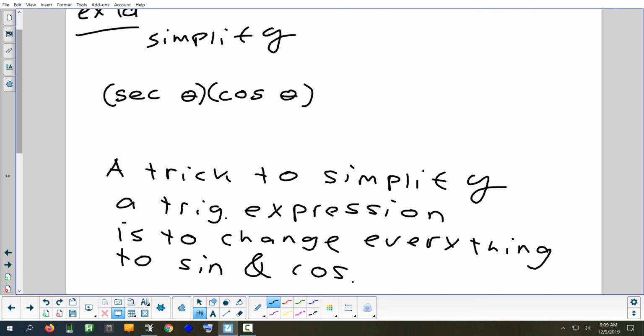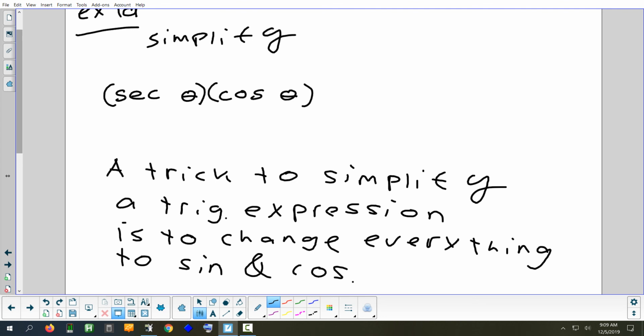Right, so let's go through it and look at this first one. It says secant times cosine. And notice there's no number there because the number doesn't matter. We're going to simplify the expression secant times cosine for any number you would ever want to plug into it.